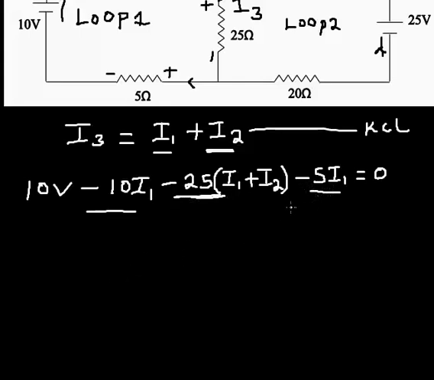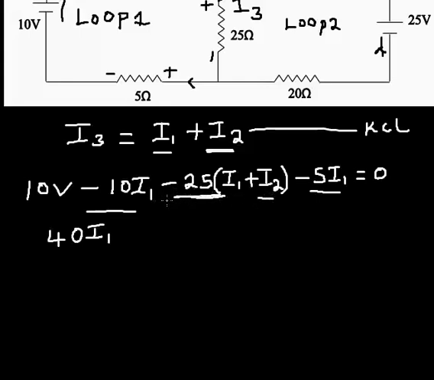Now remember, all the I terms I'm going to take to the other side of the equation. So since I'm having minus 40 I1, if I move it to the other side of the equation, it's going to be plus 40 I1. Let me just write it down here. I still open this bracket, using minus 25 to multiply I2.